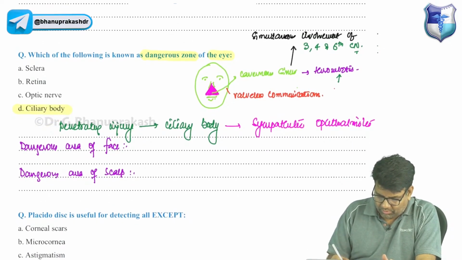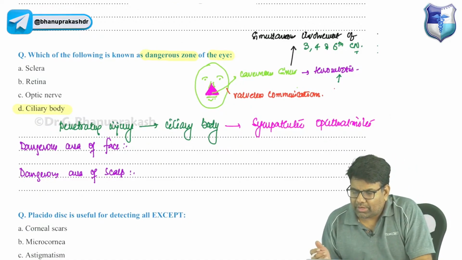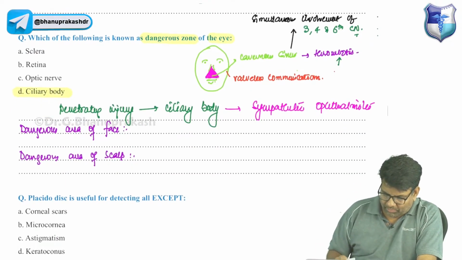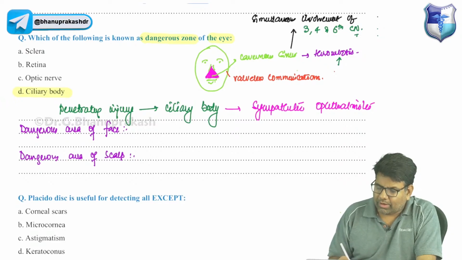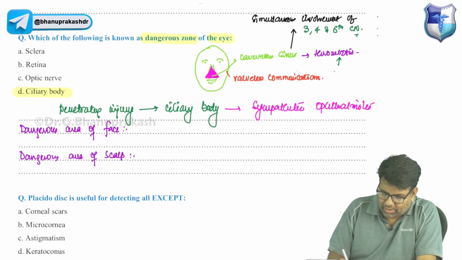Now we come to the dangerous area of the scalp, and somebody has already mentioned this. Yeah, Raghu, you told about it. Yes, very good. So if we take the layers of the scalp, what are the layers of the scalp?